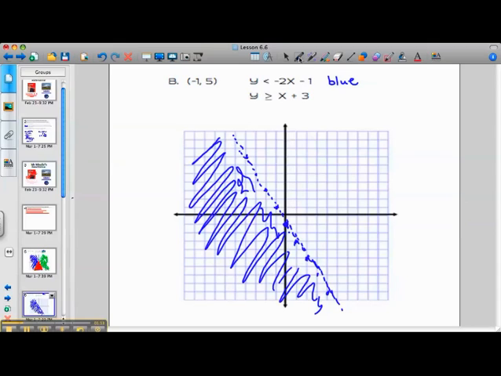And then I'll switch my colors here, go back over to green, and I'll graph this line starting at +3 for my y-intercept, and it's 1 over, 1 up, 1 over, 1 up. Nice and easy to do.